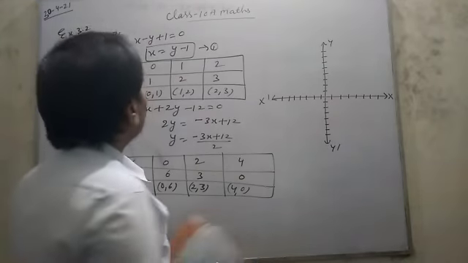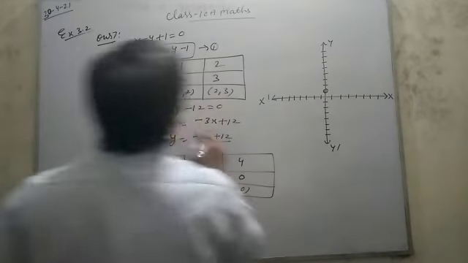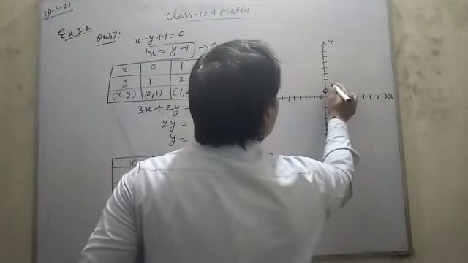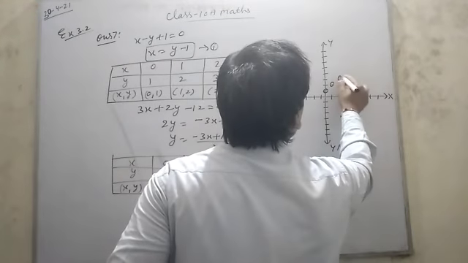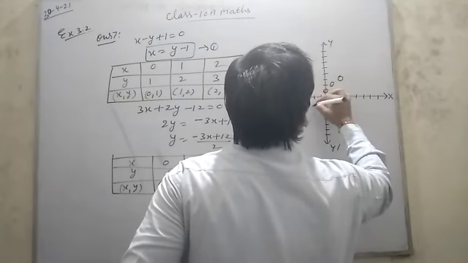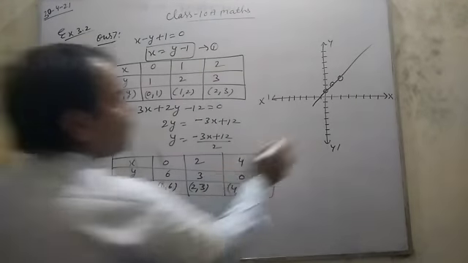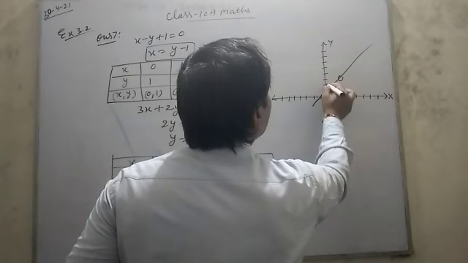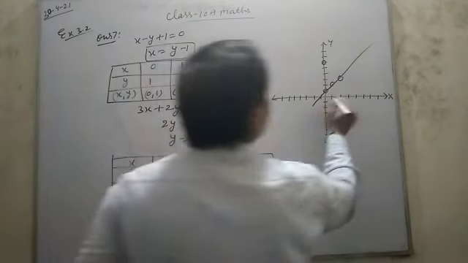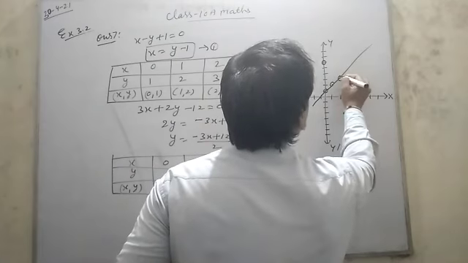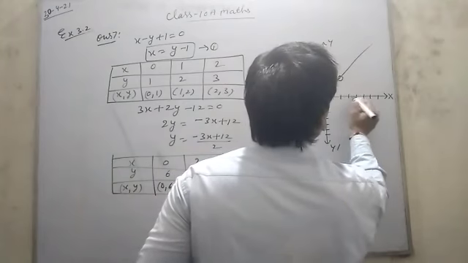First for this, (0, 1) is this point, then (1, 2) and (2, 3). Join them: this is one line. And for the other, (0, 6): 0, 1, 2, 3, 4, 5, 6, then (2, 3), which is common, and (4, 0).